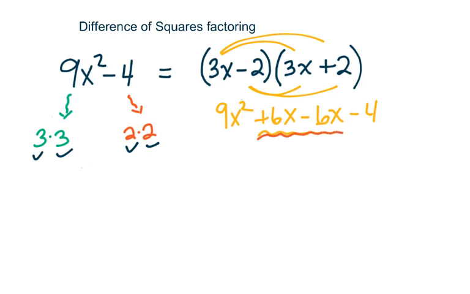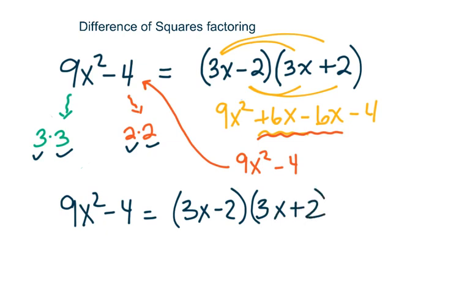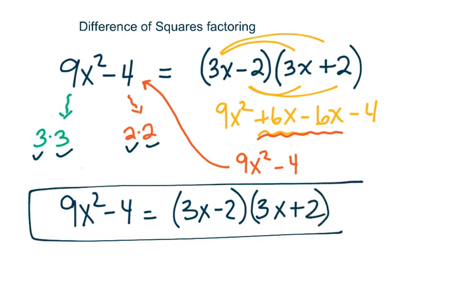So we'll be left with 9x squared minus 4. And that matches our original equation. So again, 9x squared minus 4 can be factored as 3x minus 2 times 3x plus 2. And we're done. This is really the factorization.